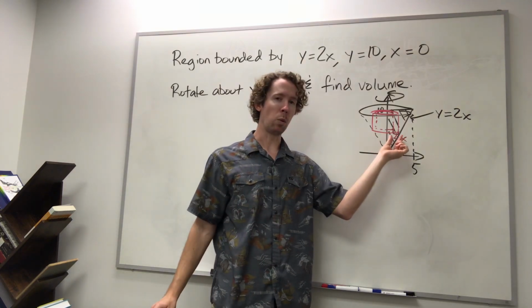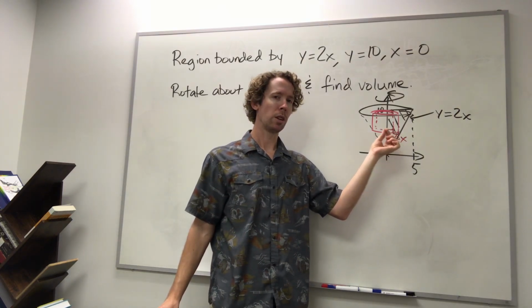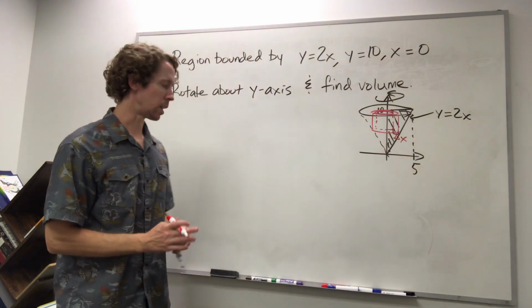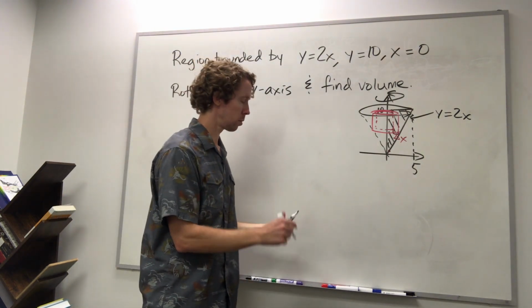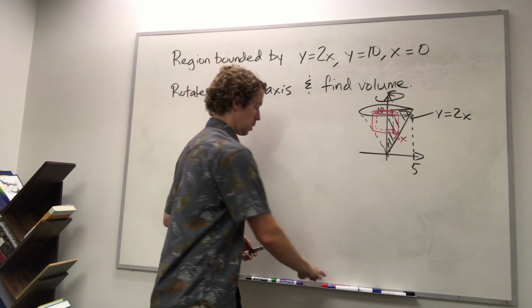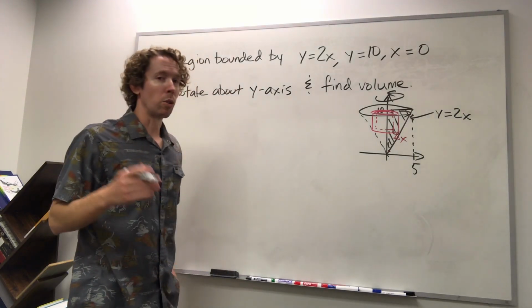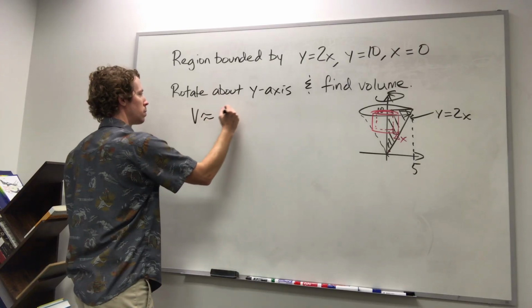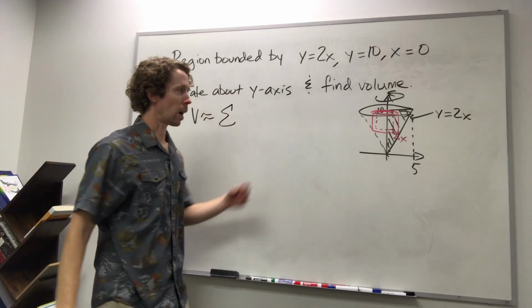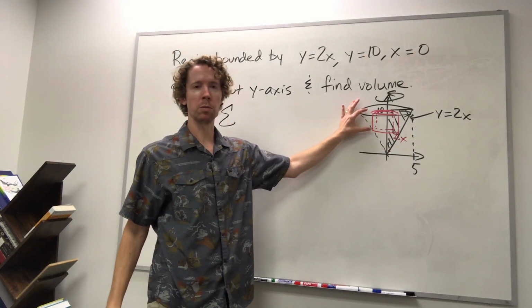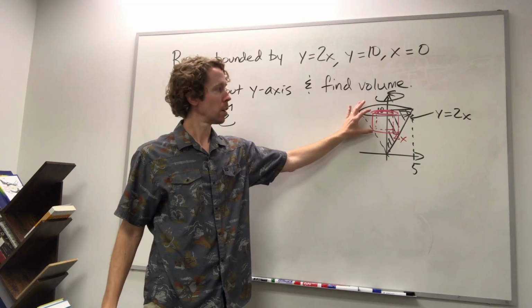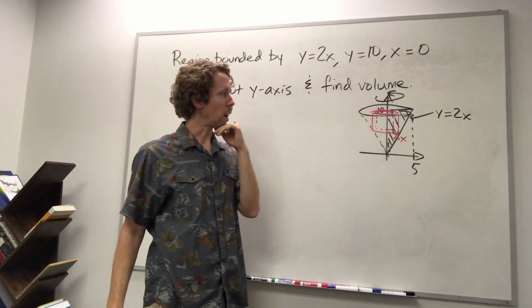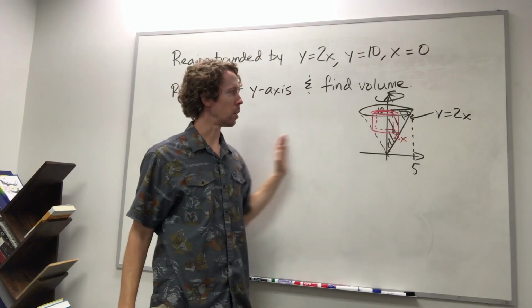And I want to let that width shrink down to 0 so that I can calculate the exact volume with an integral. So my approximation of the volume before I take the limit, I get by adding up the volumes of these shells. So I need to calculate the volume of each shell and then add them up.